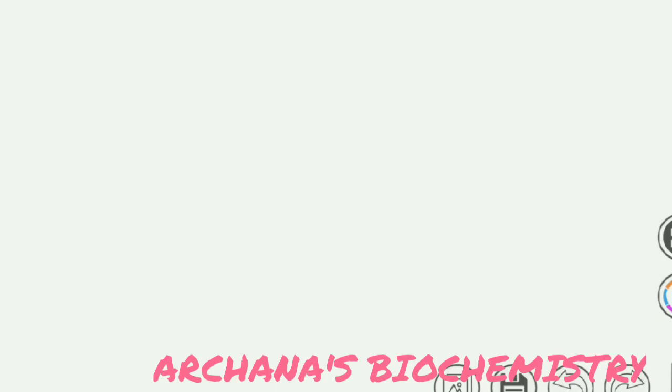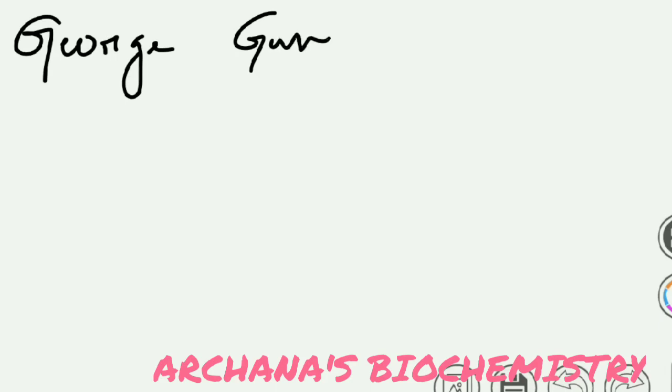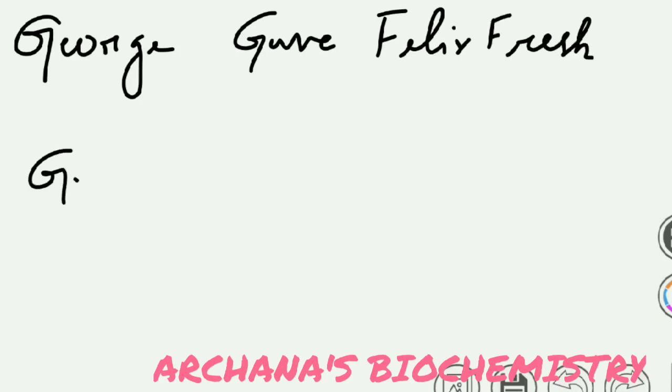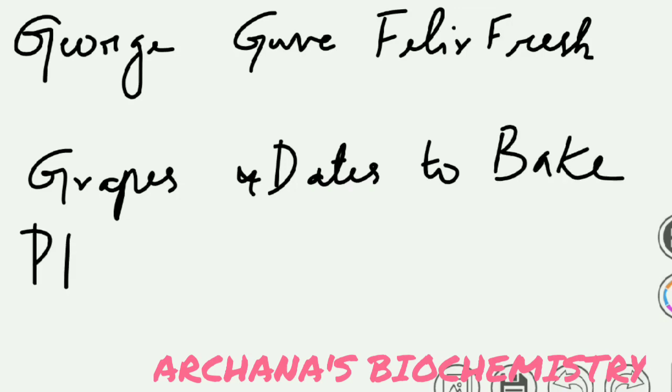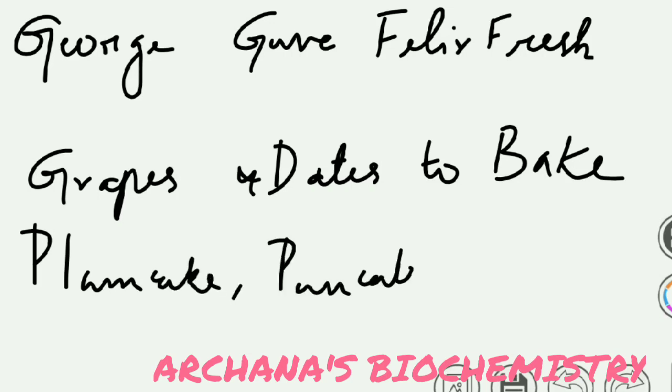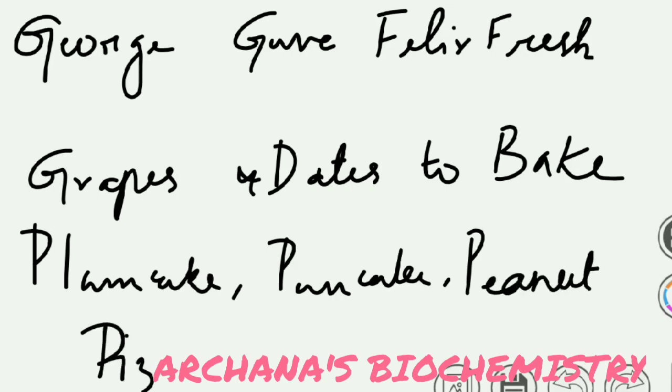For the pathway, the mnemonic is: George gave Felix fresh grapes and dates to bake plum cake, pancake and peanut pizza. So this is your mnemonic.